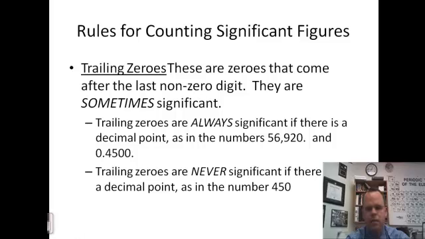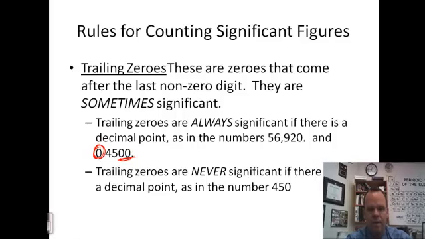That decimal is written to show that the zero on the end is significant. Or 0.4500. The two zeros here at the end of the number are significant because there's a decimal place. This zero is not because it's a leading zero. But the two zeros on the end, because there is a decimal place, are significant.